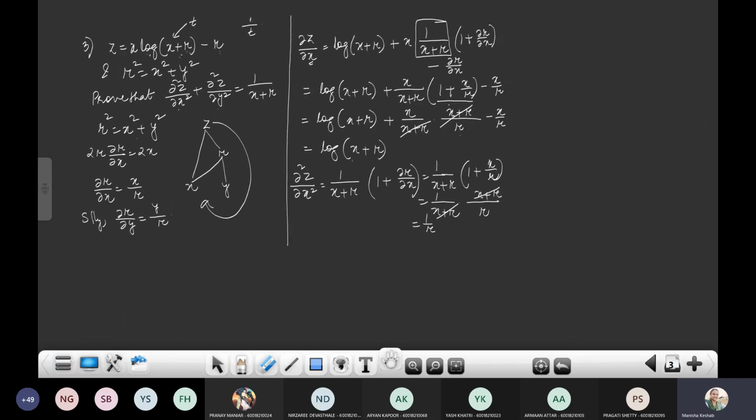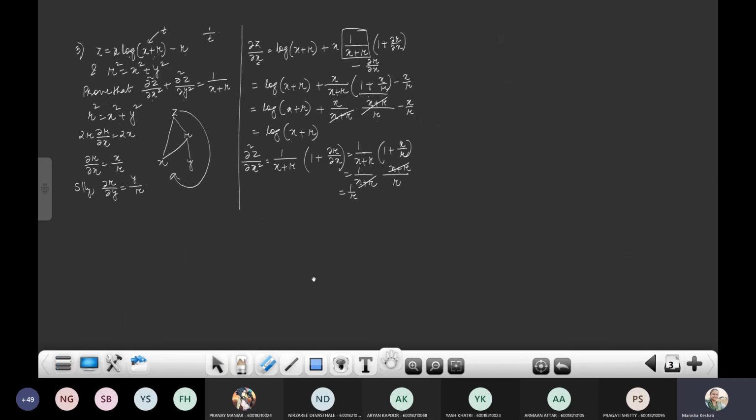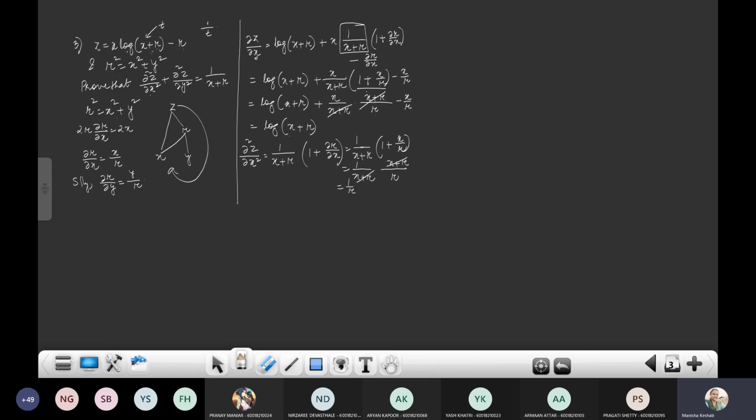Okay. So now next we will find del z del y. So we have to go from the first differentiation. While differentiating z with respect to y, x will behave as a constant because x and y are both independent variables.